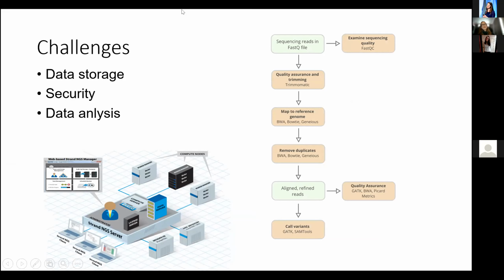So next are the challenges that we still have related to sequencing. First is still data storage, because the amount of data generated during the sequencing process is enormous. The BAM file of a single human genome at 30 times coverage would be 90 gigabytes.